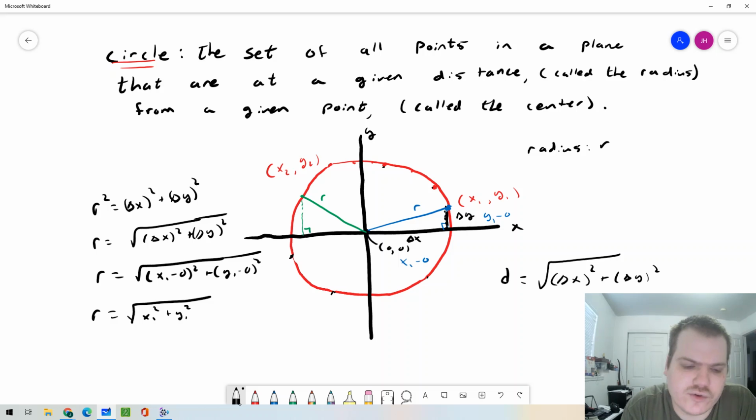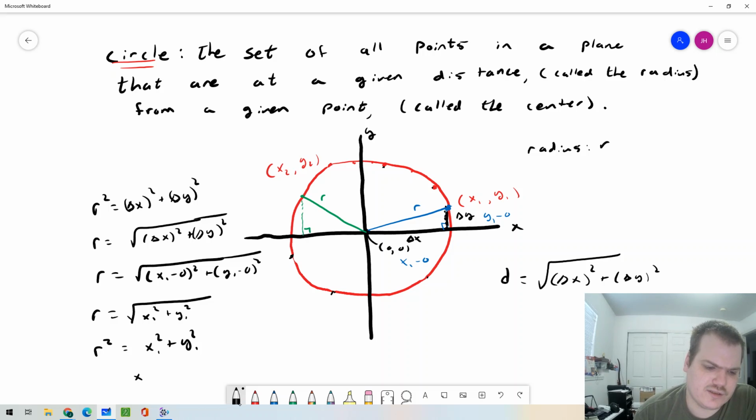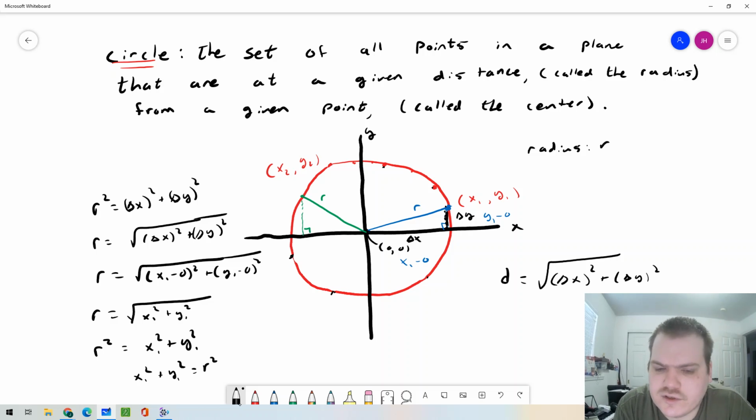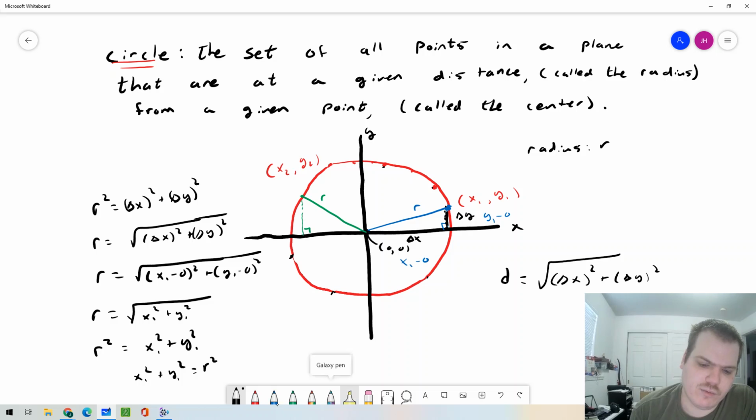Now, if I want to get rid of this square root, the common thing is to square both sides, and we'd have r squared is equal to x1 squared plus y1 squared, and it's very common to write this as x squared plus y squared is equal to r squared. Now, I use this subscript just to say that it's a specific point, but really any point on the circle would work for that.